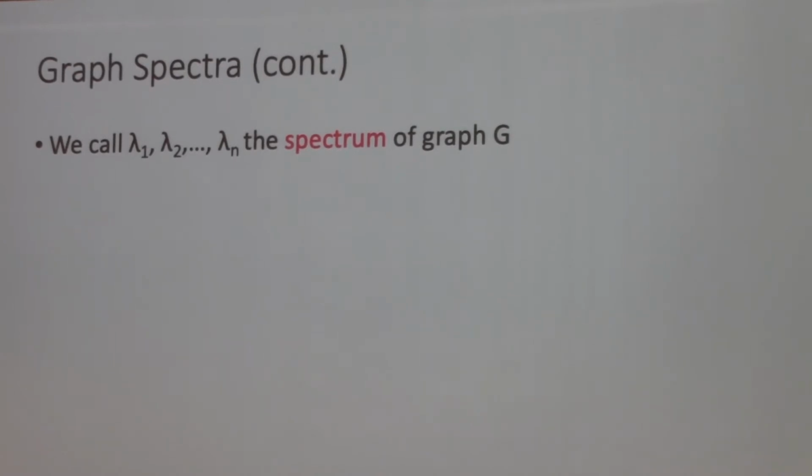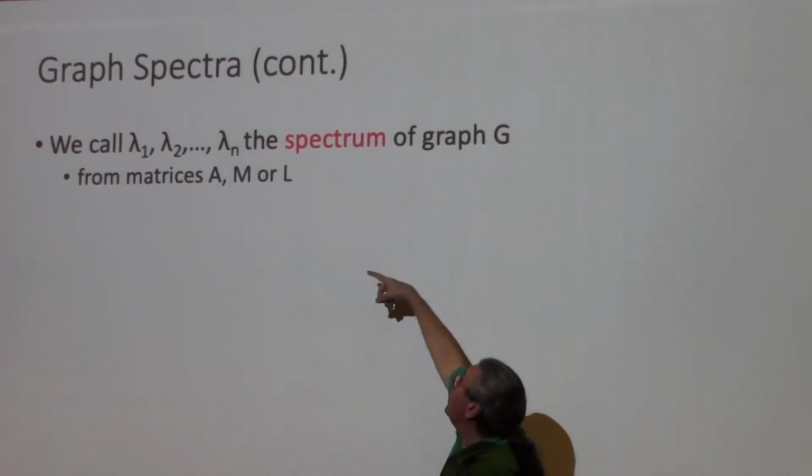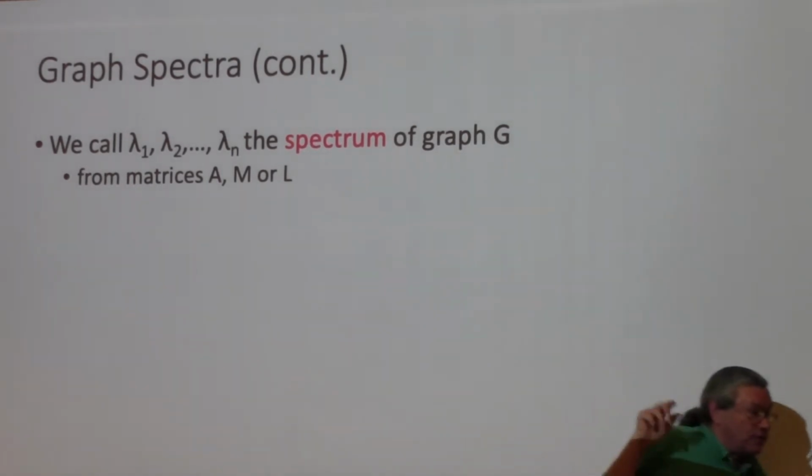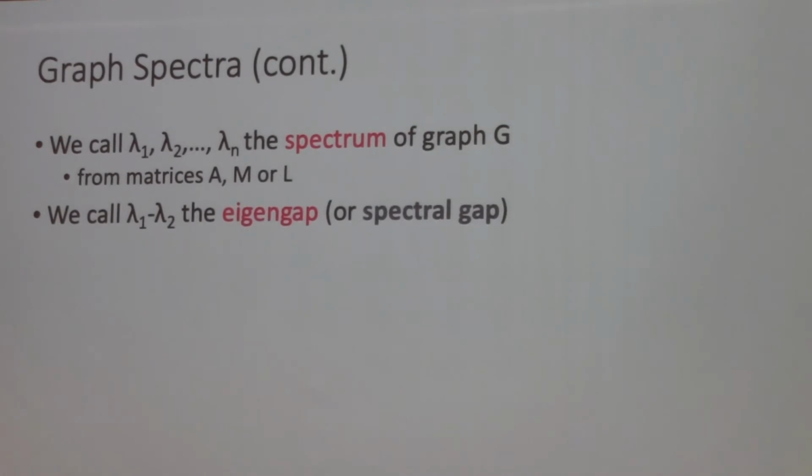Okay, so all of the eigenvalues together is called the spectrum of the graph. It kind of gives you all the special values. Okay, and for different kinds of matrices, adjacency matrix or transition matrix or Laplacian, which we're not going to use, you get the spectrum. Okay, and it's interesting.